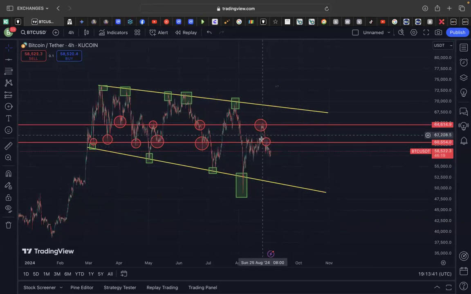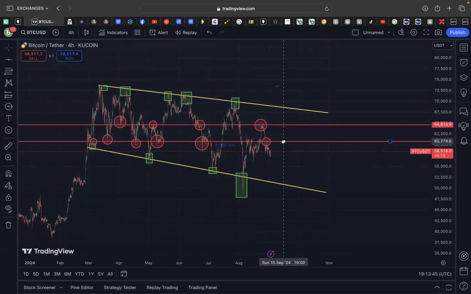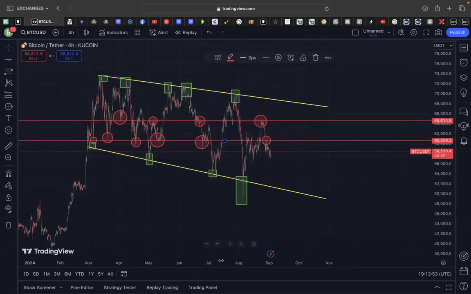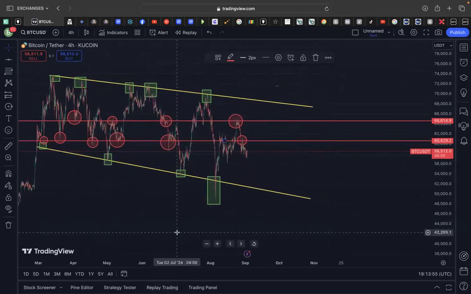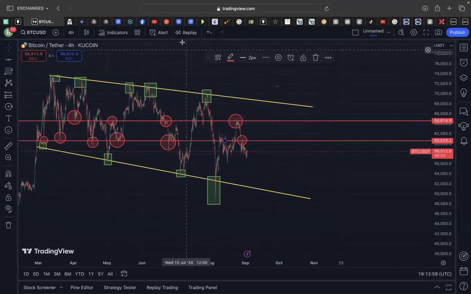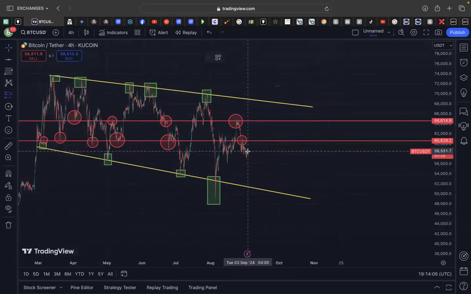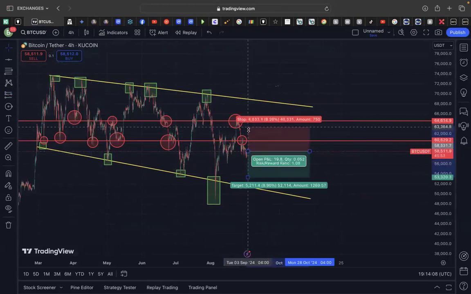So right now we are below this level right here. What does that indicate? It indicates that Bitcoin is weak and wants to push lower.